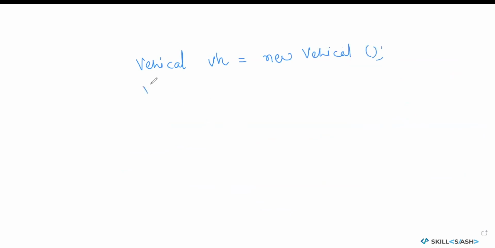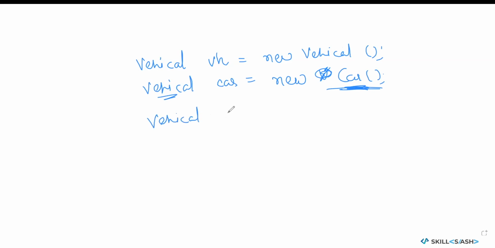I can also do Vehicle car equals new Car. Here the object type is Car, but as its parent was Vehicle, I'm creating it as a type of Vehicle. It's perfectly fine. And TwoWheeler equals new TwoWheeler, it can be created.